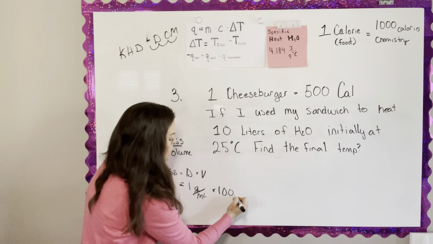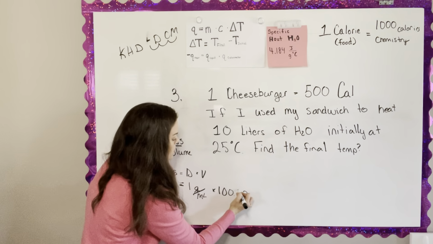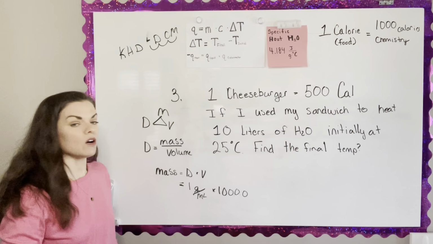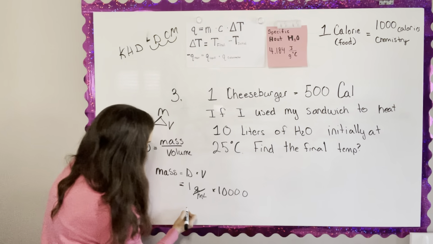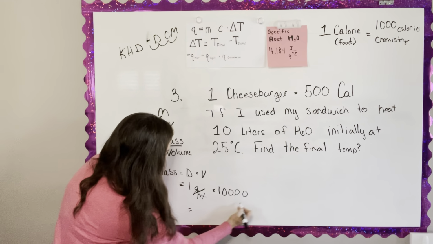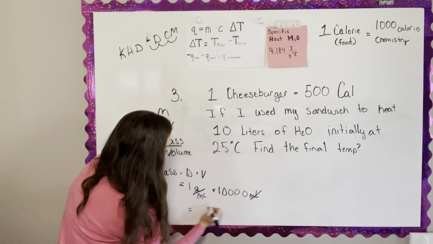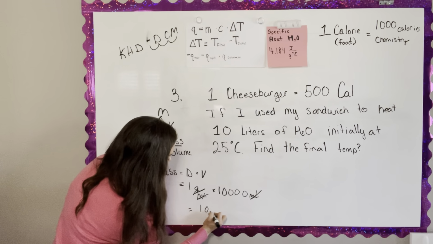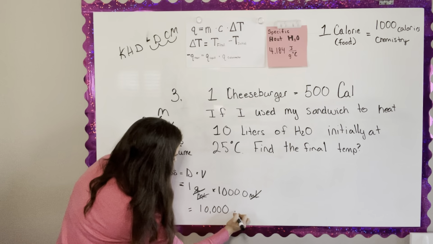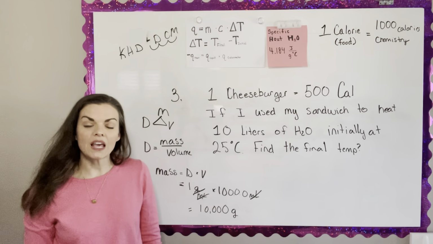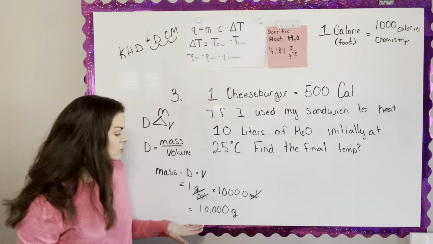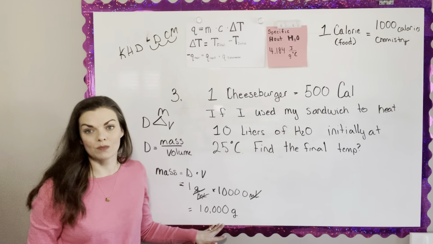So 1, 2, 3, and then fill in the zeros. So now if I'm solving for the mass, this is milliliters, so milliliters cancels out. And in my 10 liters of water, I actually have 10,000 grams of water.